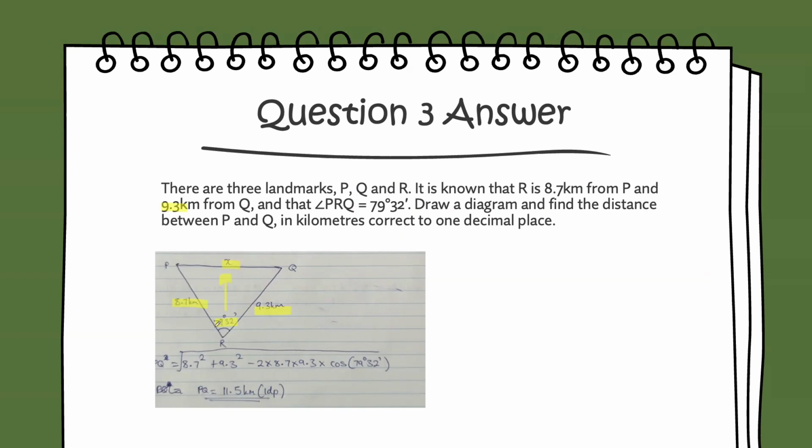Okay? So then PQ by itself is just going to be the square root of all of this, which I'm showing here. This is a pretty simple question. All you have to do is put this all in a calculator, and you'll get this as your answer, 11.5 kilometers.